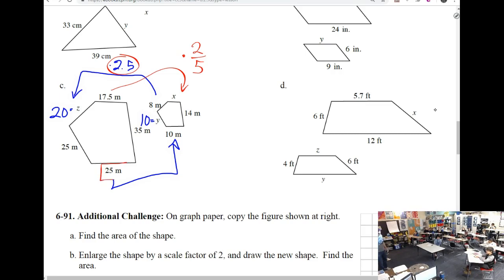And we could also compare 25 and 10. If we're getting bigger, that's our scale factor, 5 halves. If we're getting smaller, 2/5. And 5 halves seems like an odd number. So if I multiply by 2/5, who's got X for me? Anybody? Yes. It's 7. 7?